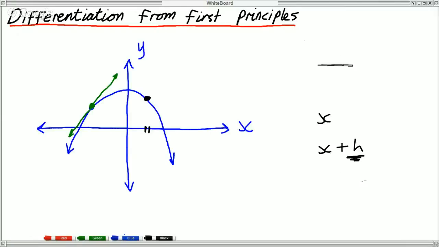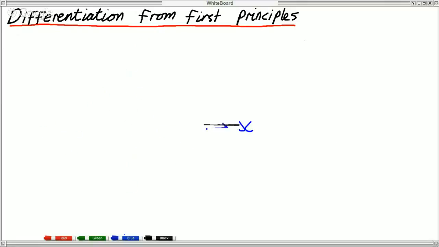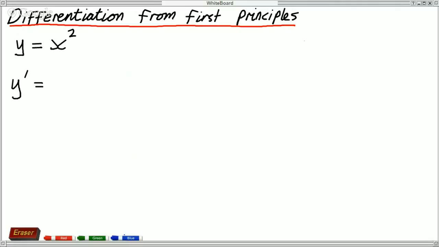So let's have a go at calculating a derivative. Okay, so let's say we have y is equal to x squared. Now to find the derivative, the first derivative, it can be denoted y dash or dy dx.